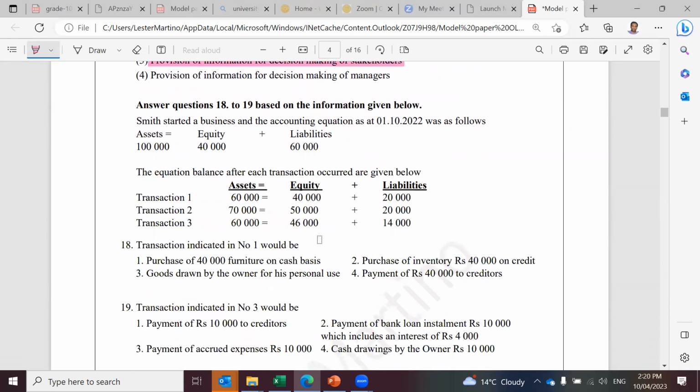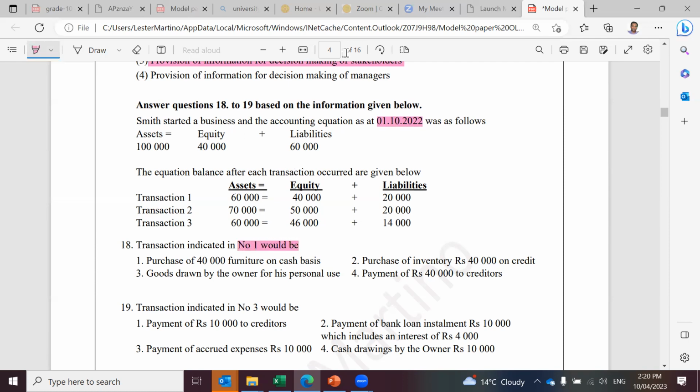Questions number 18 and 19 are based on the information given below. They have given the opening accounting equation: assets 100,000, equity 40,000, and liabilities 60,000. They have given the accounting equation after each transaction. This is a bit tricky one, okay? The transaction indicated in number 1 would be, okay, we'll have a look.